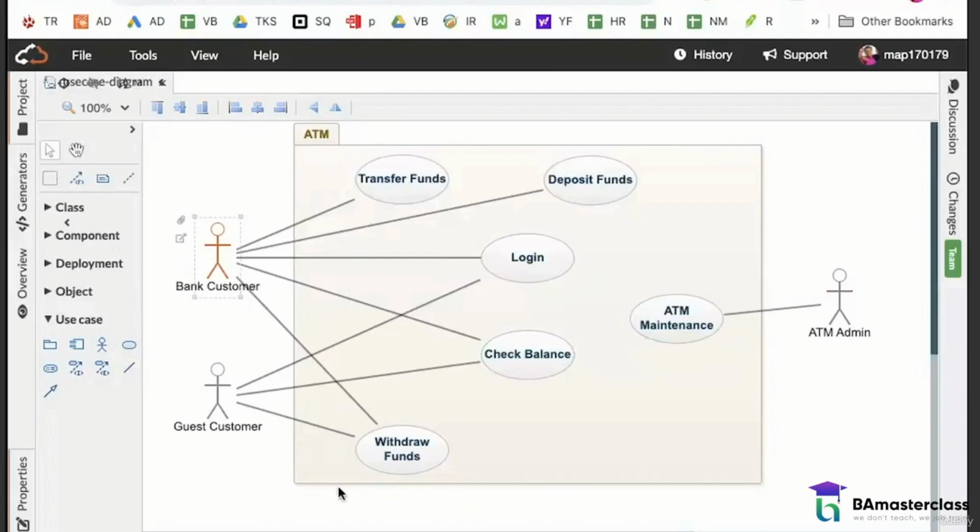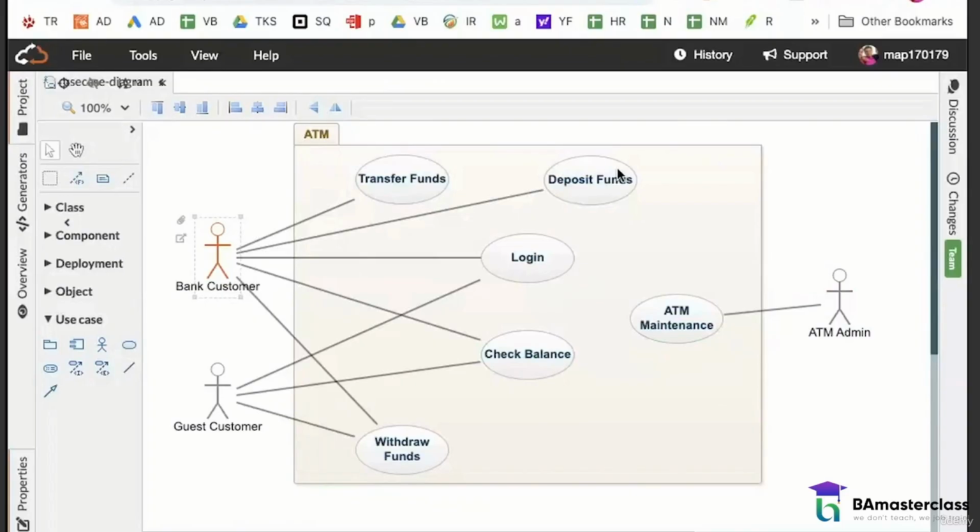What does this mean? Like the bank mainframe would attach to the ATM to know what the balances are, to be able to see what's going on in the ATM.